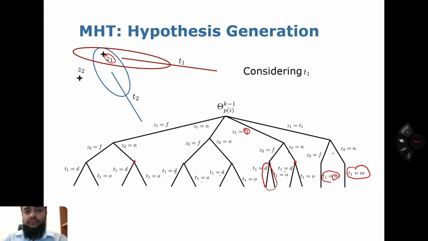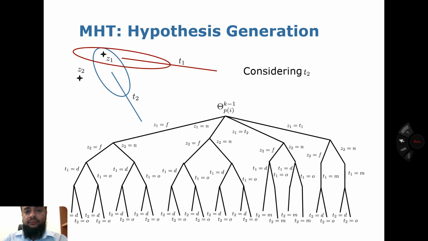And similarly, when we consider track 2, then track 2 has deletion and occluded. In every step, it will create two more hypotheses. And here you can see each hypothesis has deletion and occluded.